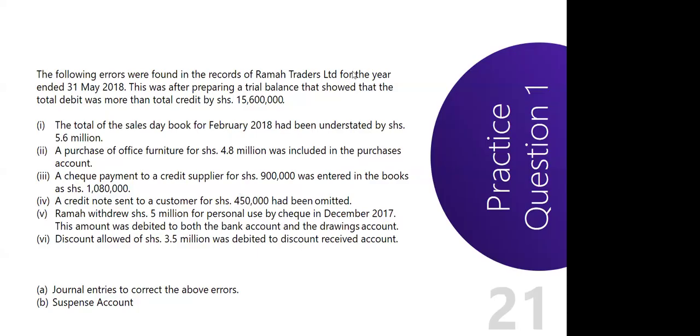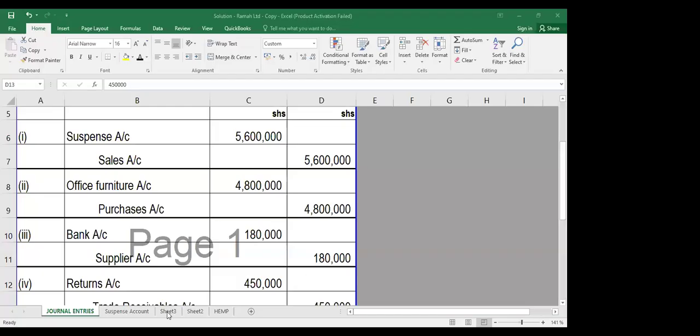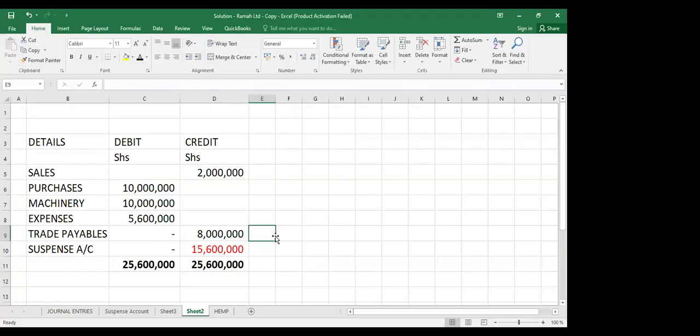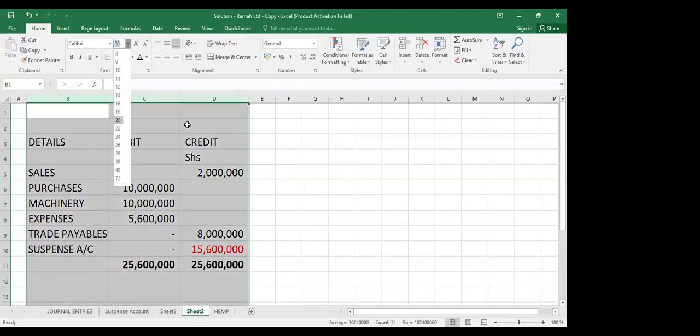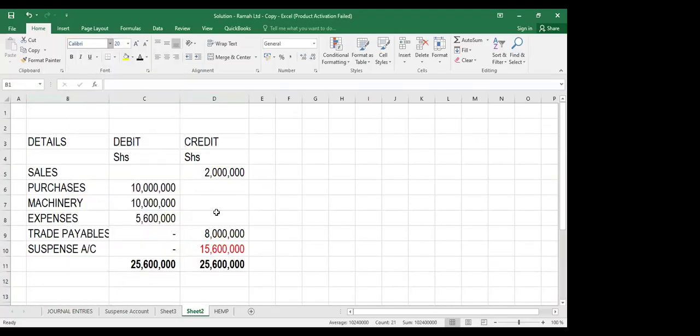Let me just give you an example. I think I had created a mini trial balance somewhere. That's a good question. So what I'm trying to explain, let's say this is your trial balance, Rama Limited.